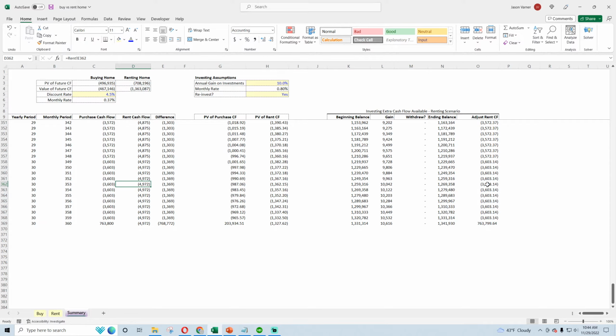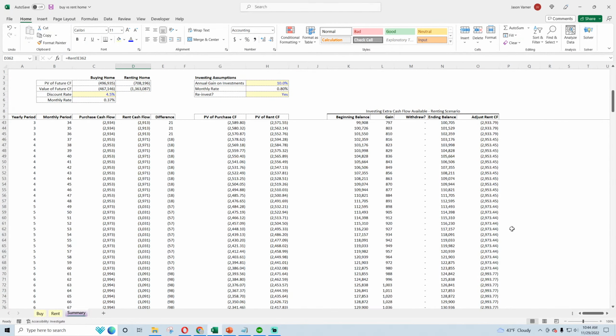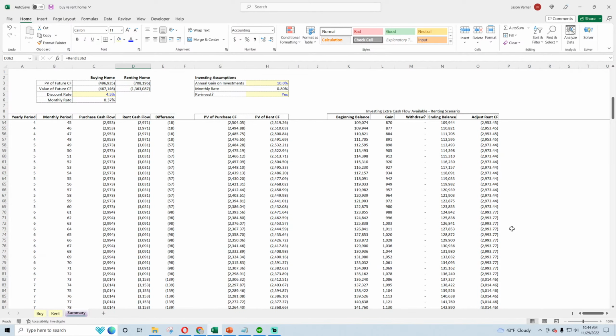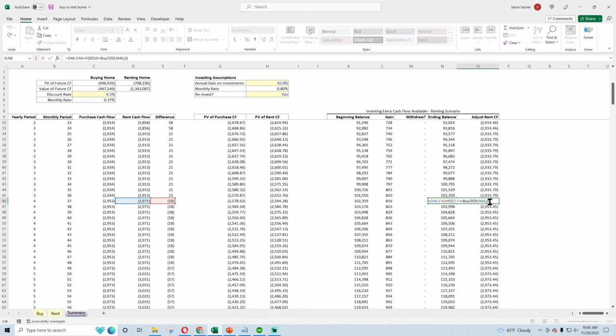Your rental. So now, we need to make a change as soon as this goes to zero is the other question. So when this is negative, what are we doing? Right, yeah, so this has got to be adjusted because we only want the rental cash flow. We're not looking at the difference yet.